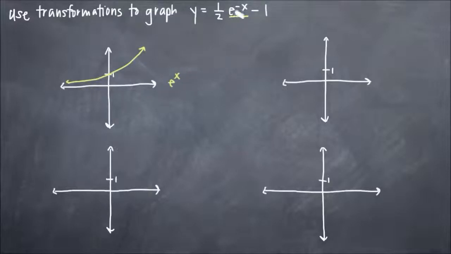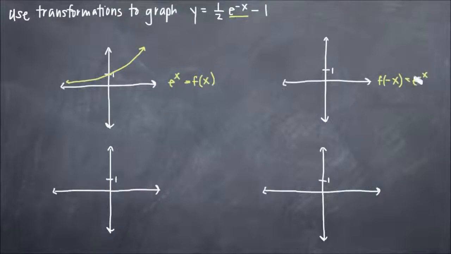But we don't have e to the x, we have e to the negative x. So what we want to do is recognize that this function is f of x equals e to the x. Well, we've gone ahead and said f of negative x because we're plugging in negative x for x.